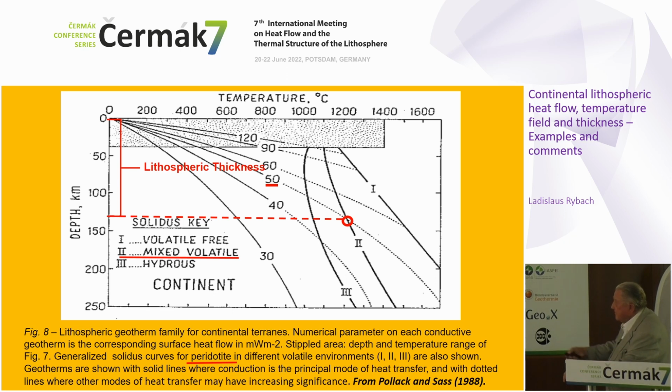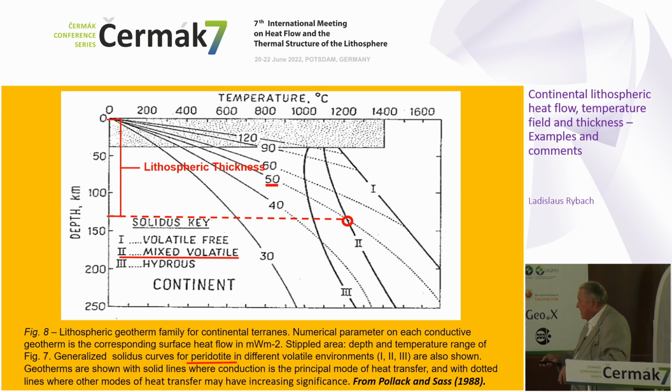You see, 250 kilometers. And now I try here with these tools to determine the lithospheric thickness, and assuming that we have peridotite down here. Then, if I go now to this peridotite, and there are 3 options: dry, mixed volatile, and hydrous.